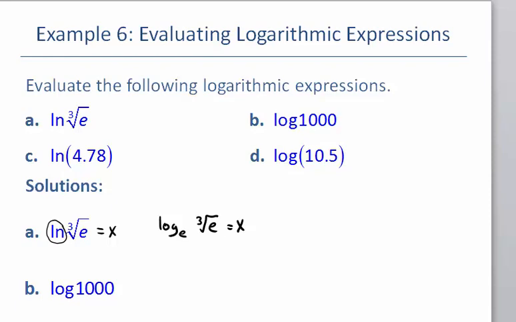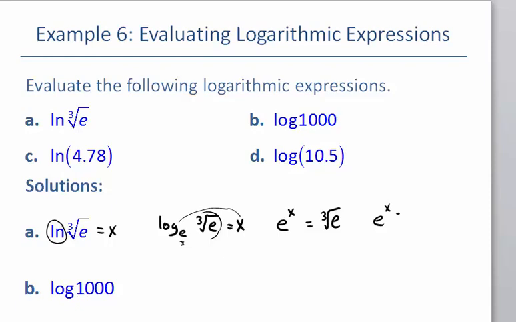Okay, and then we're going to put it in exponential form. So remember that you start with your base, which is this e here. You go to the other side and get the exponent. And then you set it equal to the part that's remaining. So that gives me e to the x is equal to the cubed root of e. Well, what is the cubed root of e as a power?